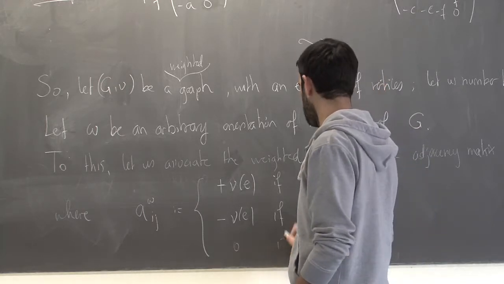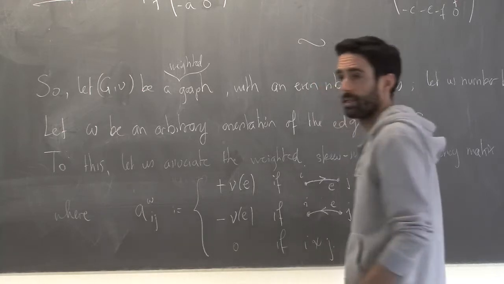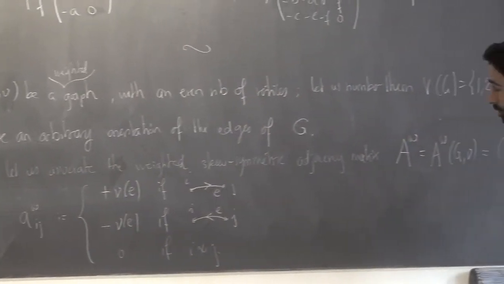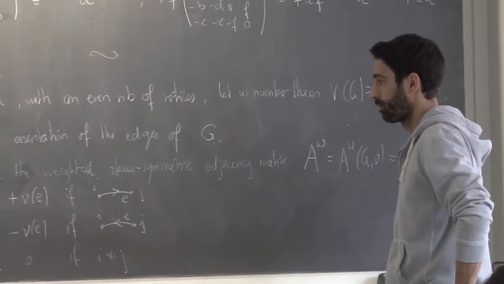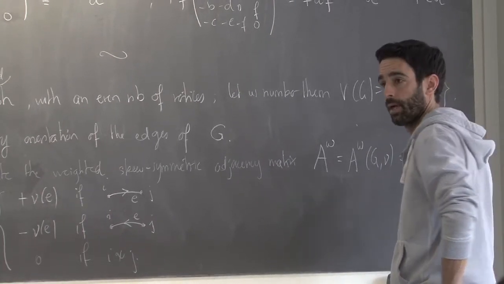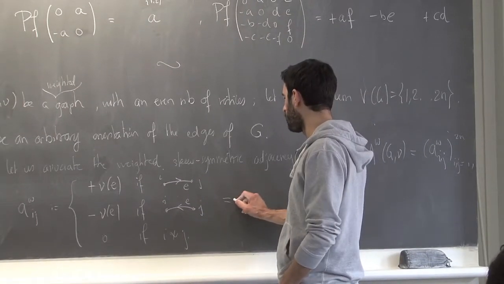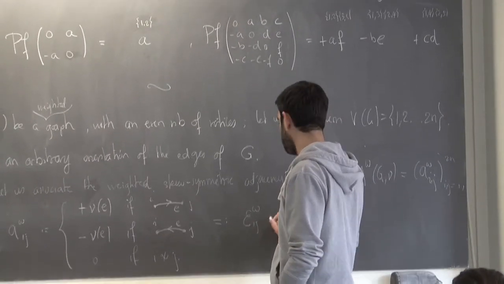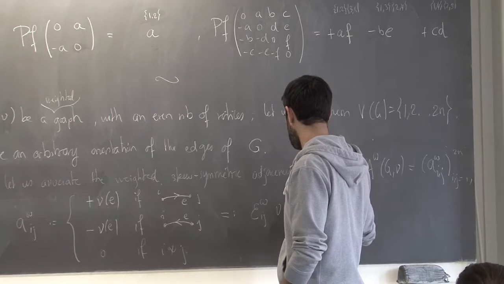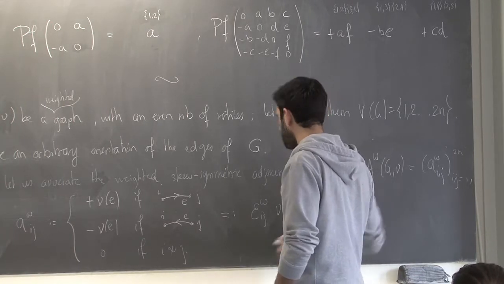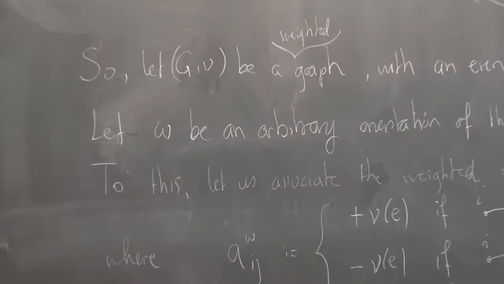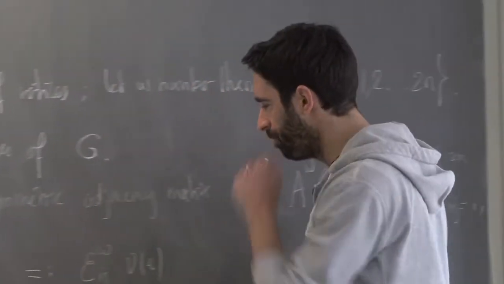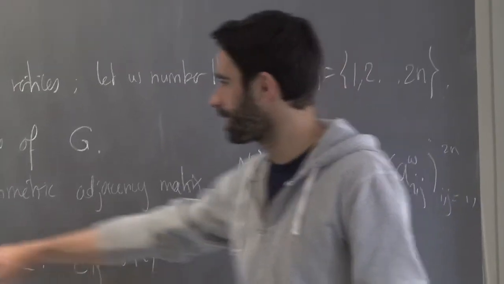And you set 0 if i and j are not adjacent. Okay? And so this, I will denote all of this by epsilon omega ij times nu of E. So this is simply a notation for this sign here, plus or minus.